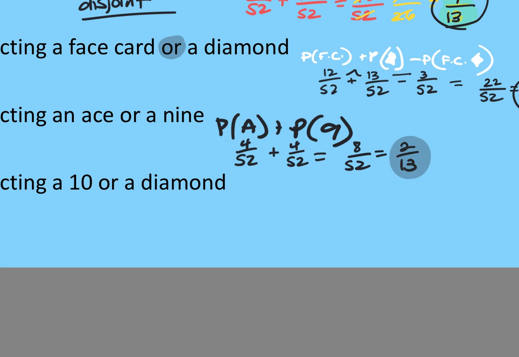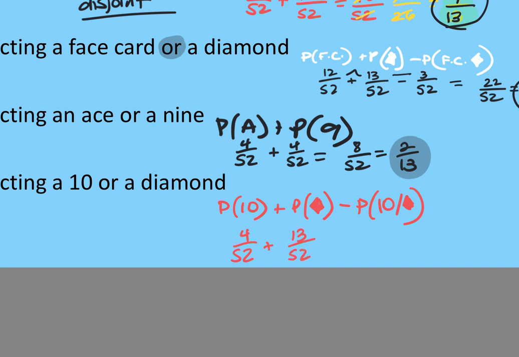A 10 and a diamond, is it possible for it to be both? Yes. Okay, so I have to do the probability it's a 10, plus the probability it's a diamond, minus the probability that it's a 10 and a diamond. What's the probability that it's a 10? 4 out of 52. How about a diamond? 13.